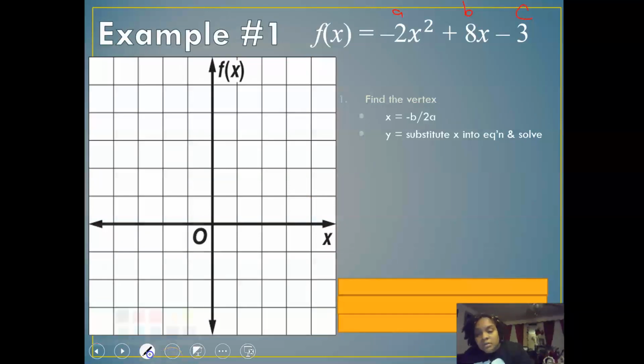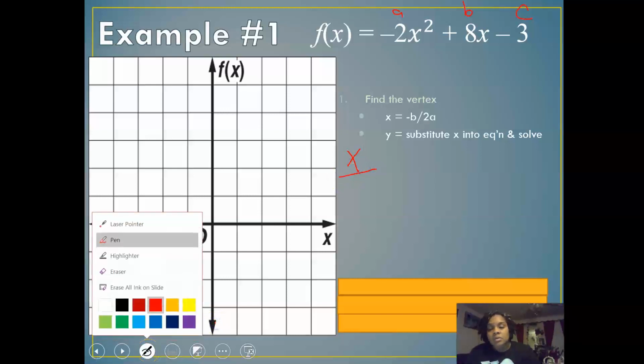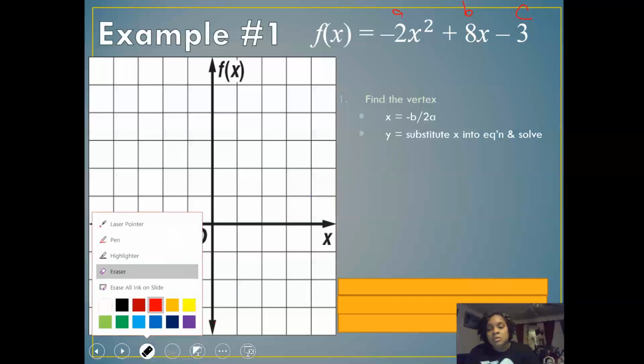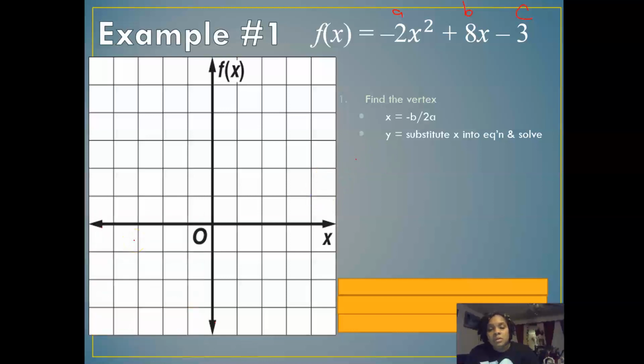So what does this look like? And no, it's not hard and it's not time consuming if you do it right. You have x equals negative b over 2a.